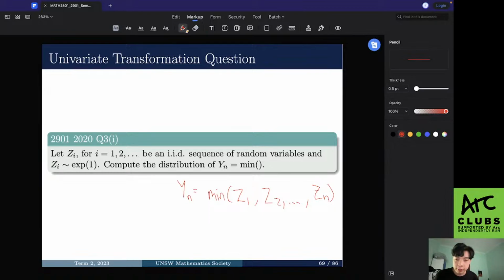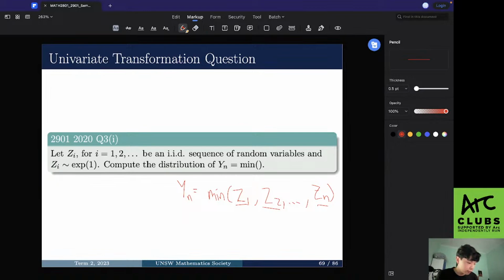So the transformation is essentially just taking single or multiple distributions and then putting them through a function, right? A transformation is just a function that you put it through. In this case, we're taking a couple of different distributions, z1 to zn, and then we're putting them through the min function, right? We're taking the minimum of them.